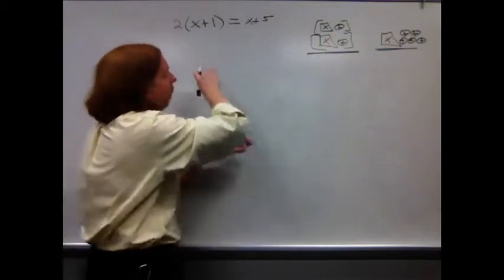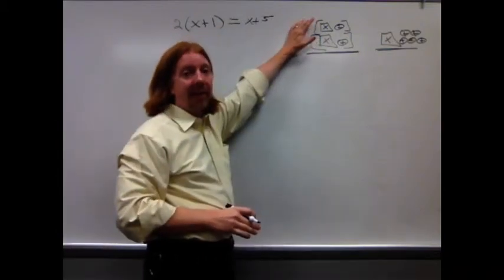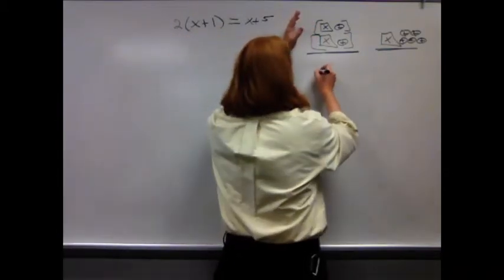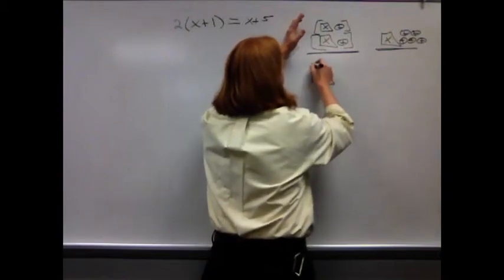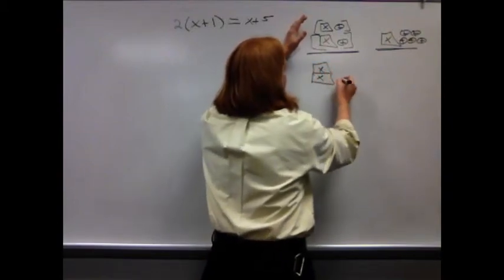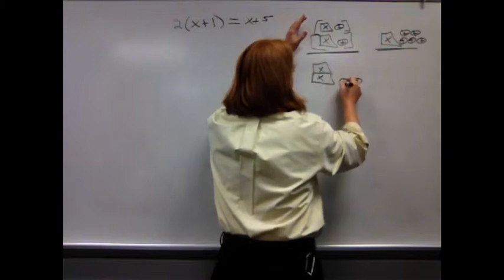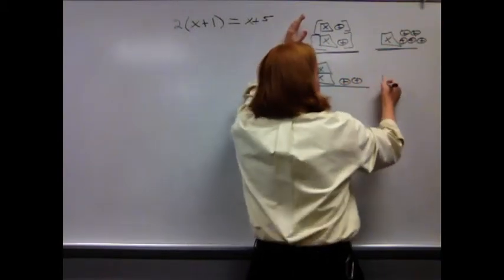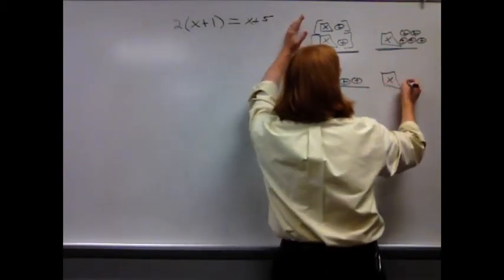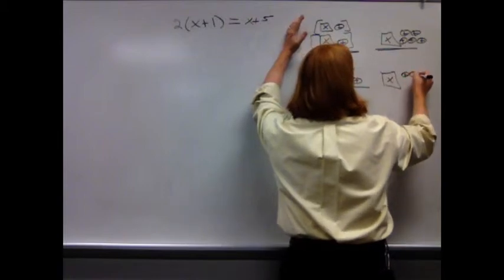So, if I want to make this a little more organized, I want to group things up, I'm looking at 2 boxes and 2 tokens. That's still going to balance with 1 box and 5 tokens.